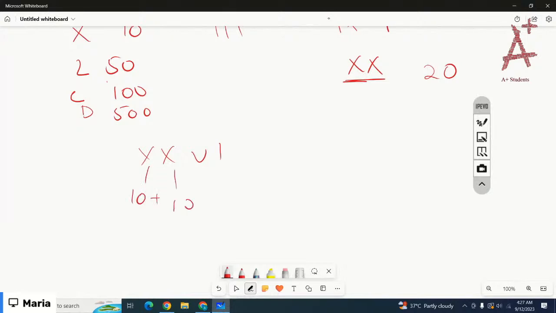This one represents another 10. This one represents 5. And this one represents 1. Because you have I on the right hand side, that means you have to add I to 5. 5 plus 1 makes 6. So together they make 26. So XXVI represents 26, right?